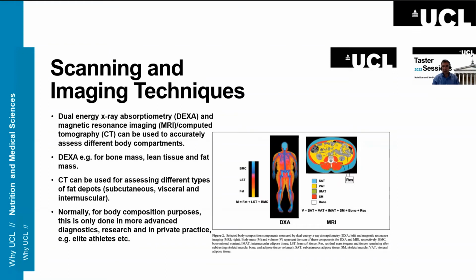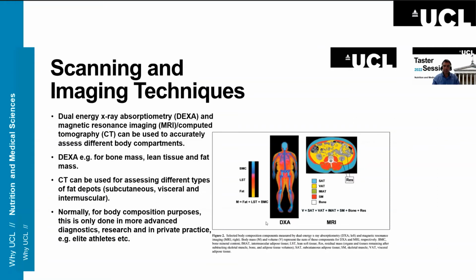Or your mum or your nan might have had a fall or a fracture. Typically when you go to the NHS, you might be assessed for bone mineral density, and you use a DEXA scan to do that as part of routine practice.